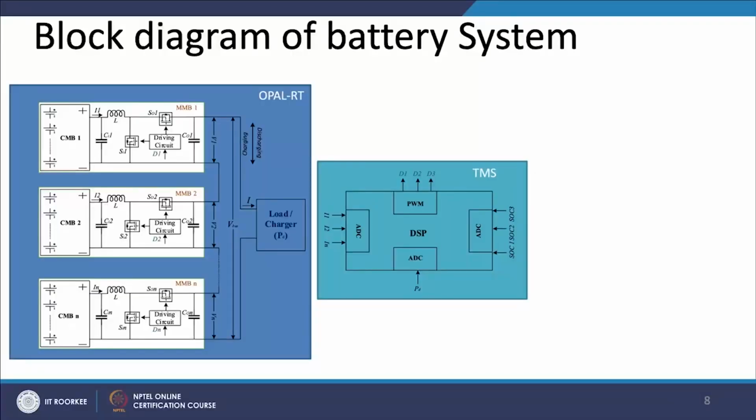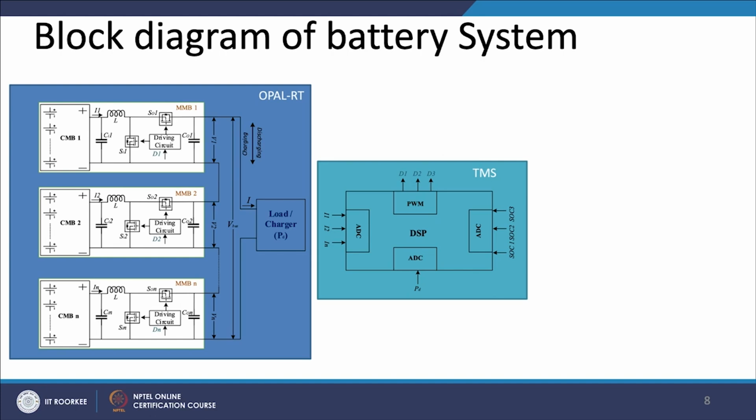Step number 4, do the necessary connections, that is, the parameters from the Opal RT analog out pins to the ADCs of the TMS board with proper scaling, and the PWM pulses from the TMS board EPWM pins to the digital out pins of Opal RT to drive the converter sitting in the plant. Now, you can look into the complete block diagram of the battery system within Opal RT.